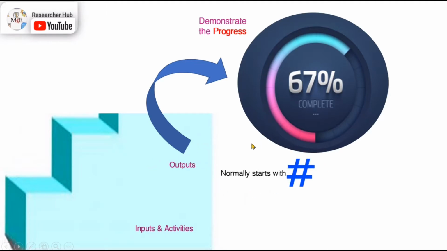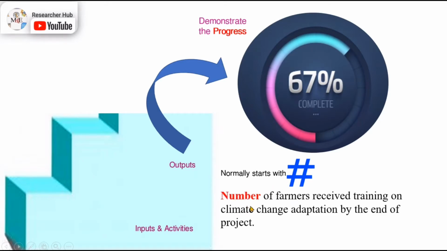Normally, with this level of indicator, you will see it start with a number. For example, in this one: number of farmers who receive training on climate change adaptation by the end of the project. Here we have number of farmers, starting with a number.